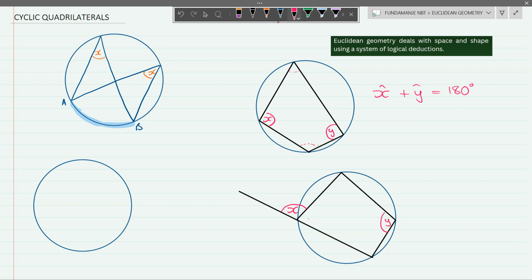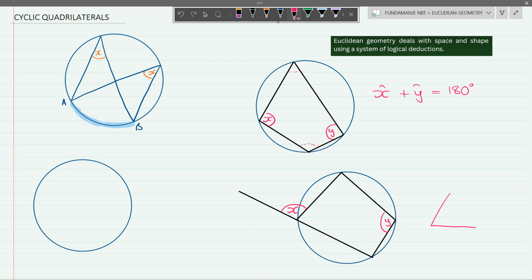This is because we know that x and its part over here, we can just name that maybe z. We know x and z should give us 180, but we also know z and y should also give us 180. Therefore, if z, let's say, is 100, that means x has to be 80, but that also means that y has to be 80. So, therefore, the exterior angle for a cyclic quad is equal to the opposite interior.